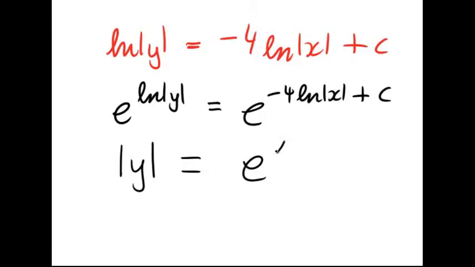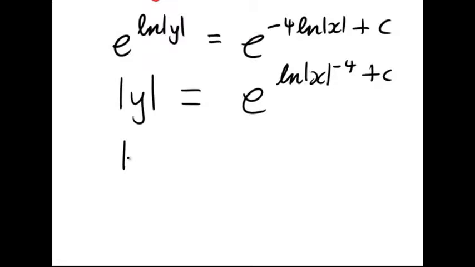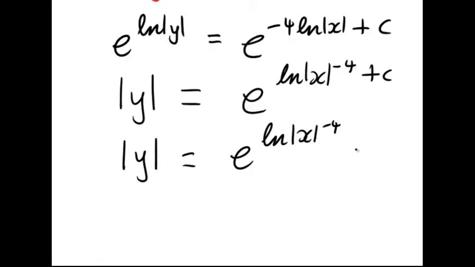Using our log laws, negative 4 ln modulus of x is the same as ln modulus of x to the negative 4. And we can also break off the constant part, so that this is of the form e to the ln modulus of x to the negative 4 multiplied by e to the power of c.